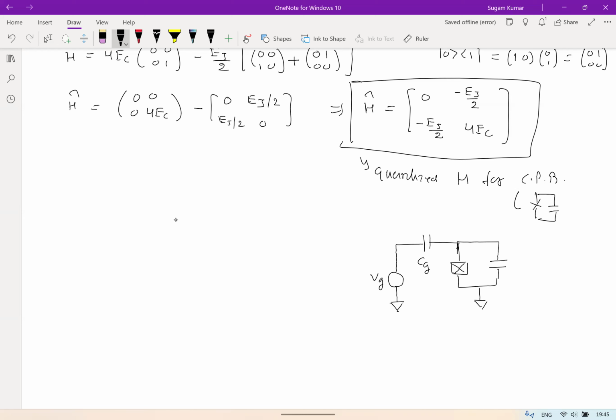So maybe you can write: Cooper pair box connected to a voltage source. Now we are trying to understand how everything works here. Keep in mind that this part is the Cooper pair box for which we have already found the Hamiltonian.